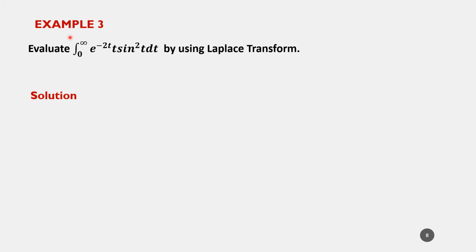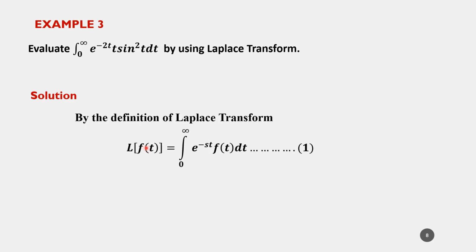So the first step is to write this integral in terms of L. For that, we have to compare it with the definition of the Laplace transform of f of t, which is the integral from 0 to infinity of e raised to minus st f of t dt. Compare these two integrals and write f of t and s.